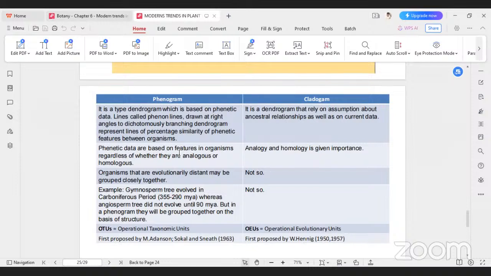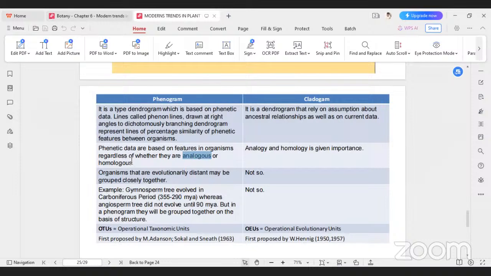The phenotypic data are based on features of the organism, whether they are analogous or homologous. What are analogous characters? What are homologous characters? Before that, here is the dendrogram.